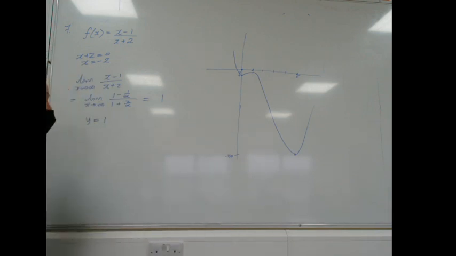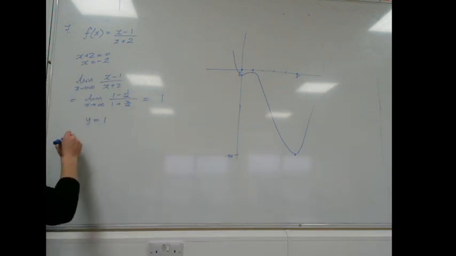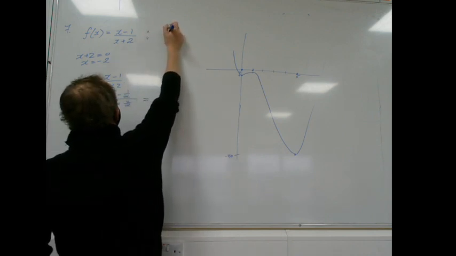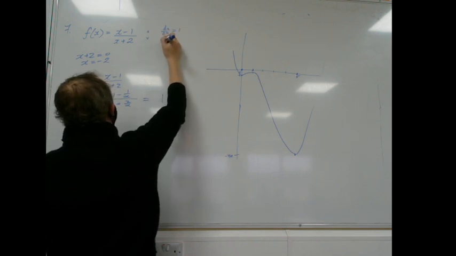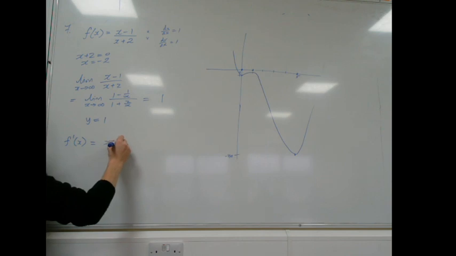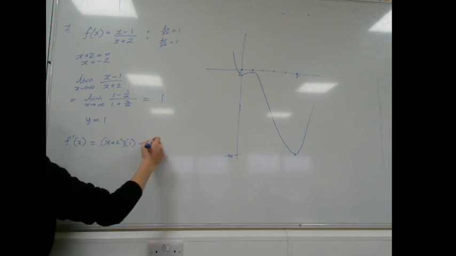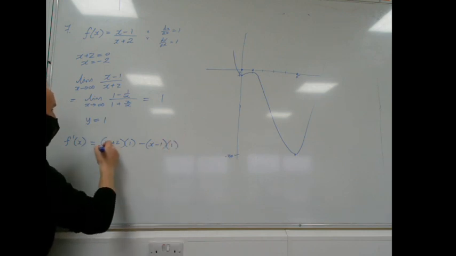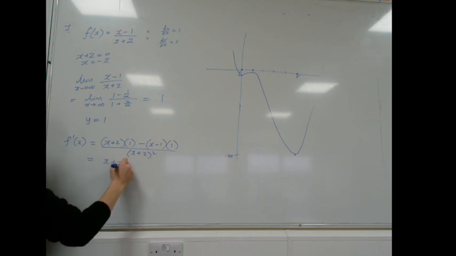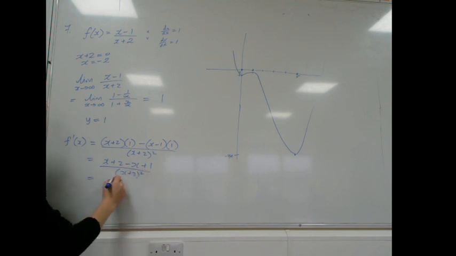For a turning point, we find f dash of x using u over v, so u dash v minus u v dash over v squared, which simplifies to a constant over x plus 2 squared.